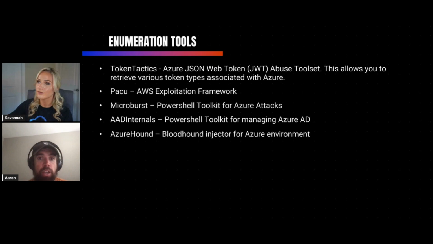Moving into enumeration tools, we're going to talk about a few here. There's definitely a multitude of others, but these are just some that we like to use on some of our cloud engagements. Token tactics, we'll be going over in a little more detail, but basically this is an Azure JWT abuse toolset.